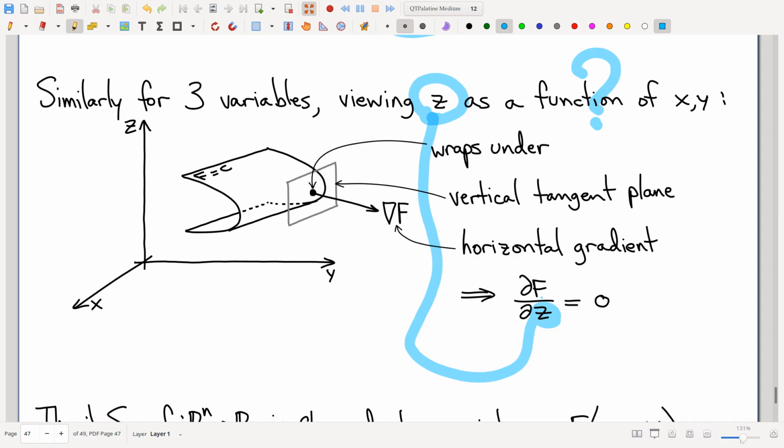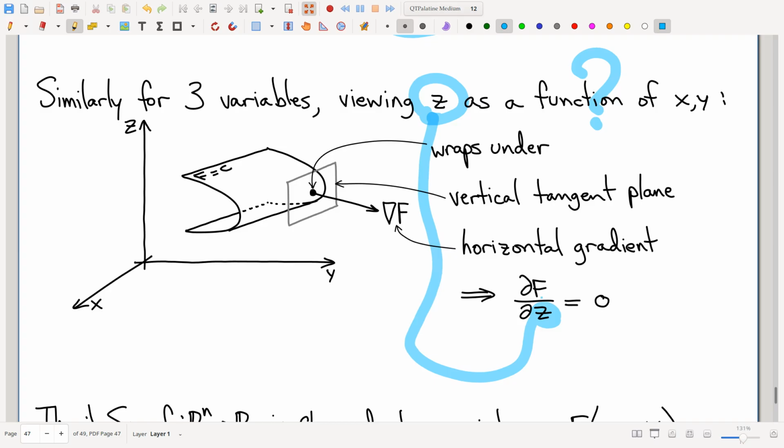We want to identify first a case of a problem and see what that gives us. The problem is that the surface is wrapping under itself. Wrapping under means you have a vertical tangent plane. Vertical tangent plane means you have a horizontal gradient, and that means that partial is 0 because this is the third coordinate of that gradient.